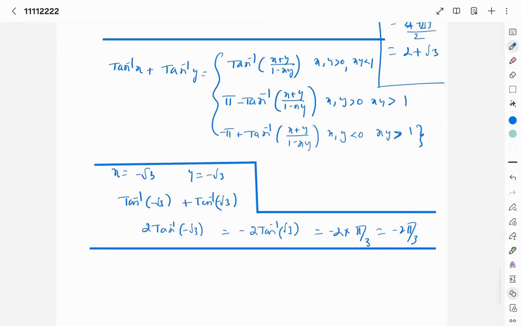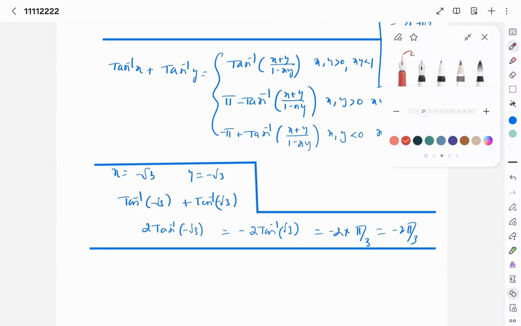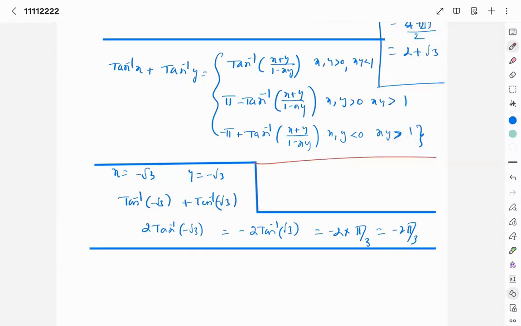But our range of tan inverse x will be from minus pi by 2 to pi by 2. This is the range, which is here minus 90 to 90.